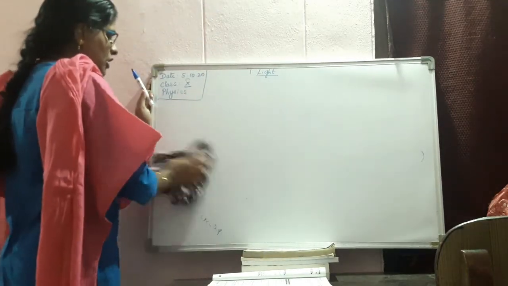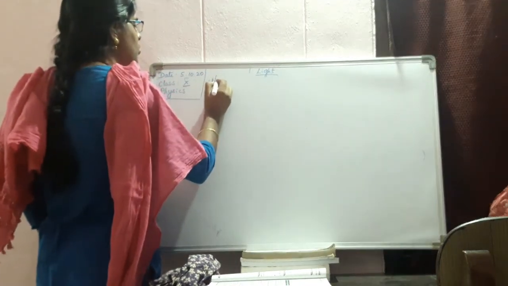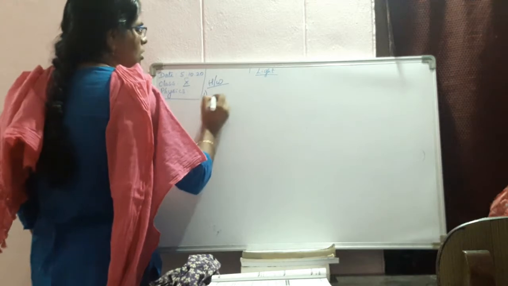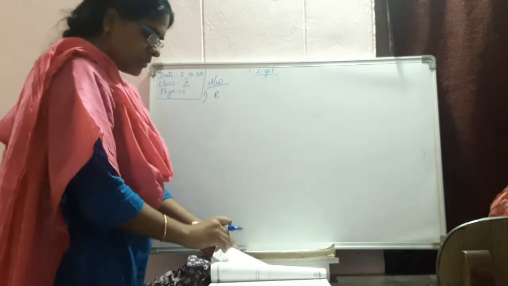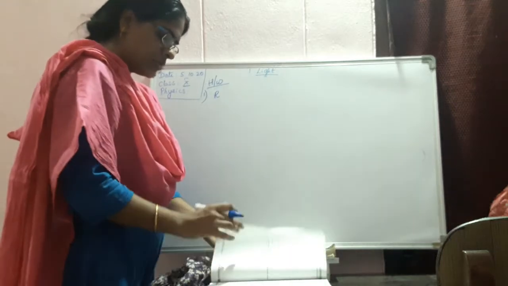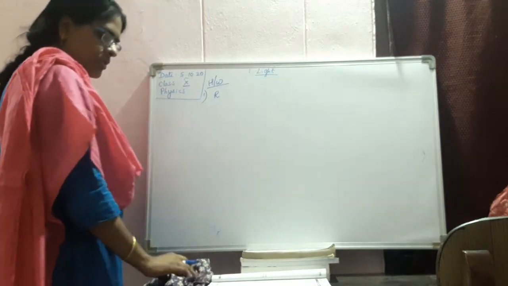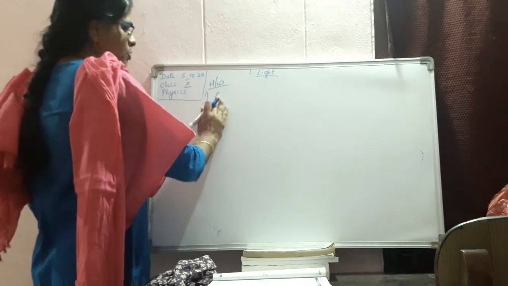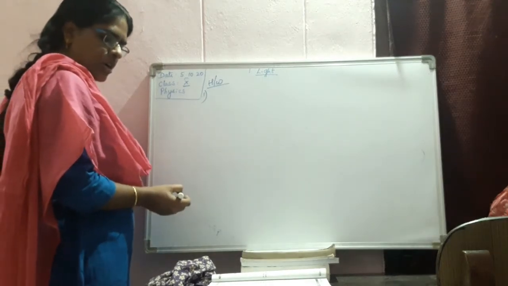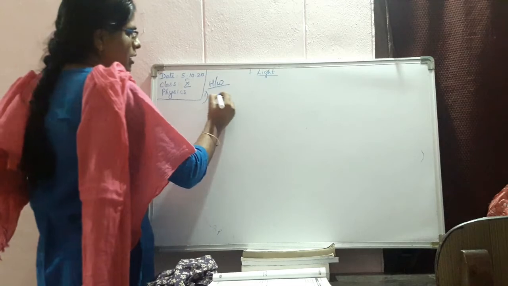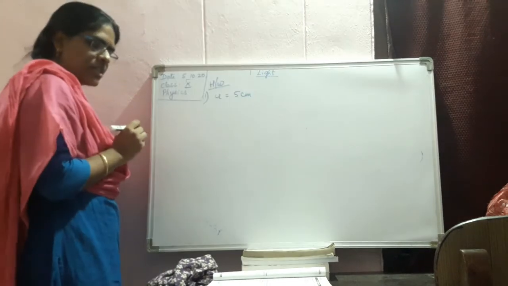Okay. Note down one more problem. I am giving you a homework problem, note it down. There is an object in front of a concave mirror at a distance of 5 centimeters.